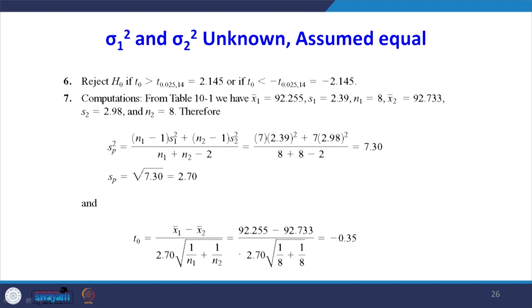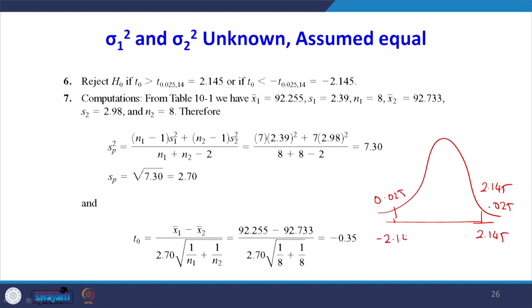When we look at the statistical table, with 14 degrees of freedom, since it is a two tail test, this area is 0.025 and this area is 0.025. The right hand side value is 2.145, and the left hand side is minus 2.145, since it is symmetric.